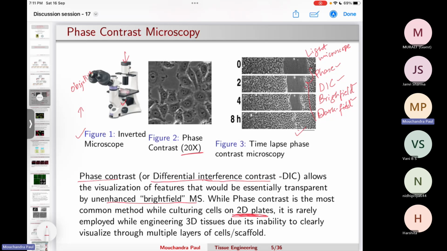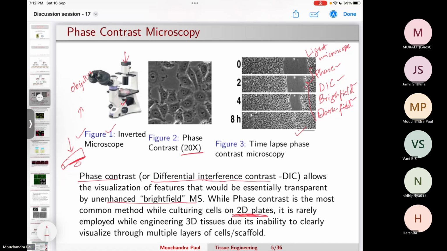But for cell culture, since there is a flask like this, and cells usually grow at the bottom, if the light is falling on the top and the lens is at the bottom, it helps you to see better. The other configuration will also work for cell culture, but generally it is not preferred. This inverted configuration is the preferred geometry that is used for cell culture and tissue culture techniques, and tissue engineers who are working in this area have microscopes of this type in their labs.